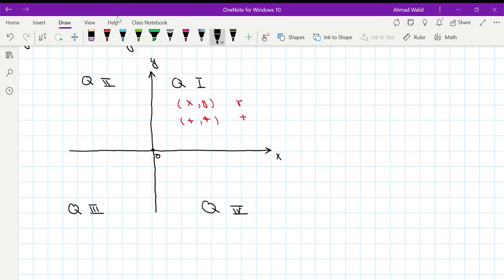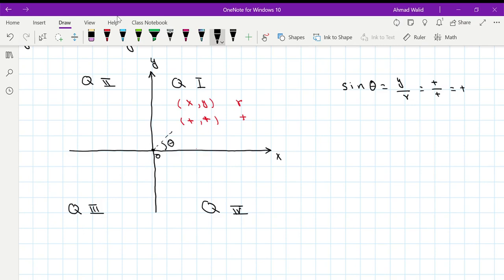Look, if my theta, if my angle is in quadrant 1, then sine of theta, which is y over r, means positive over positive, which gives you a positive number. It means I can say in quadrant number 1, sine is positive. If the angle in standard position lies in quadrant 1, then the sign of the sine function is positive.